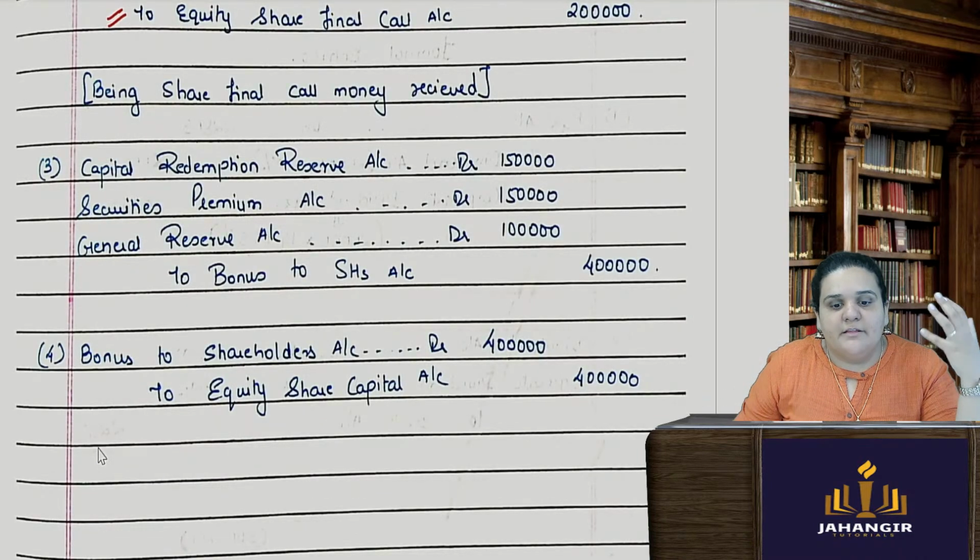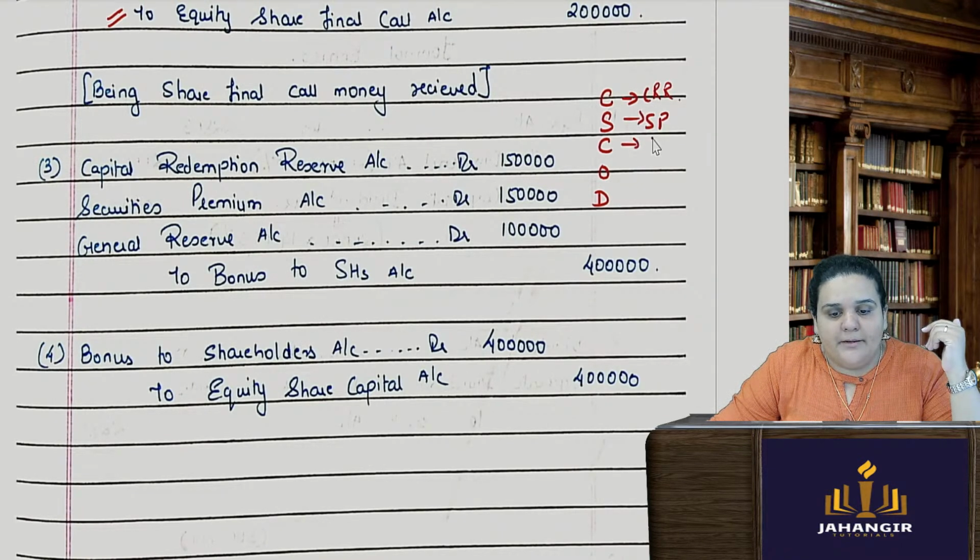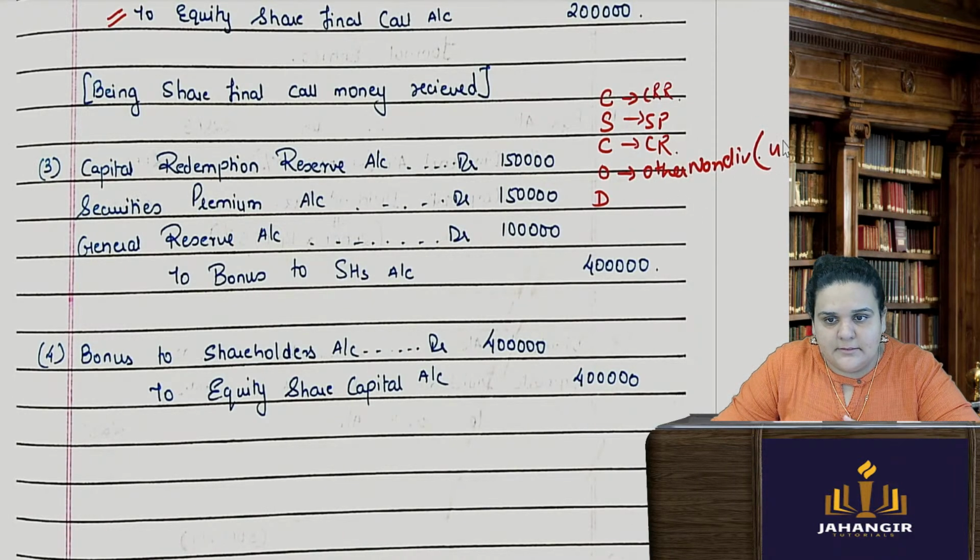Generally, whenever there is a bonus, there is one trick for remembering which reserves to use: CSCOD. You first use your CRR, then your securities premium, then any kind of capital reserve, then other non-divisible profits, only if they have told us to utilize them.